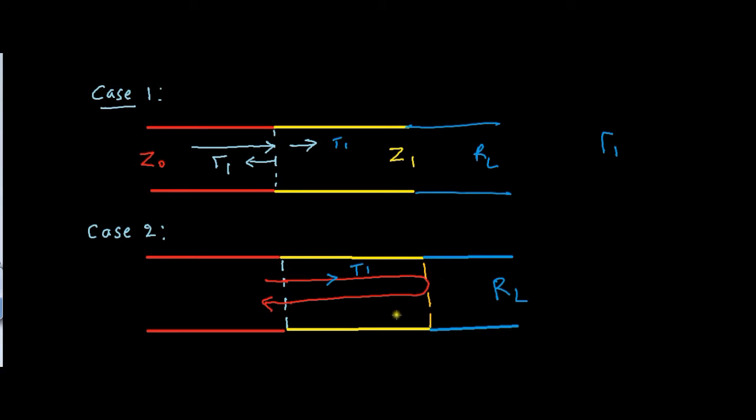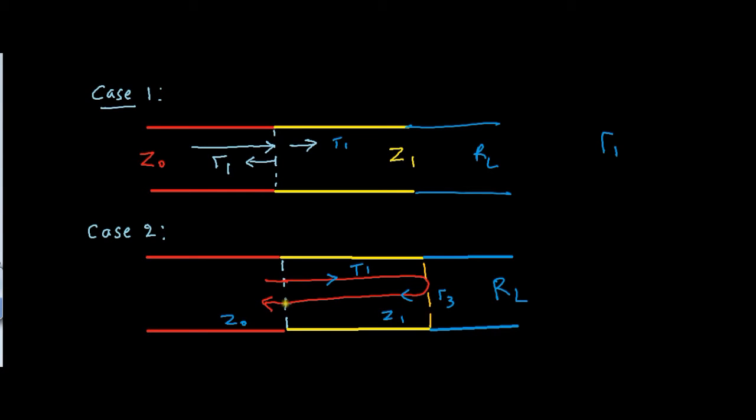Now again, the wave sees the difference in impedance between RL and Z1. So part of the wave will be reflected back, and some part will be consumed by the load impedance RL. Now this reflection coefficient is partial reflection coefficient 3. This reflected wave will travel further. Now it sees again the mismatch in impedance between Z0 and Z1 in the reverse direction.